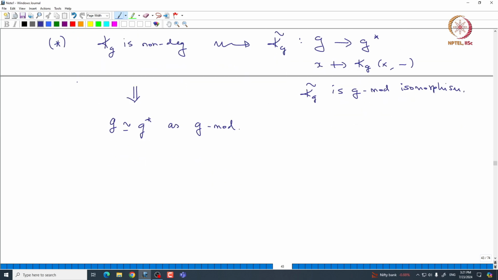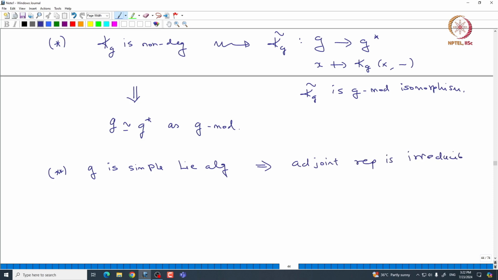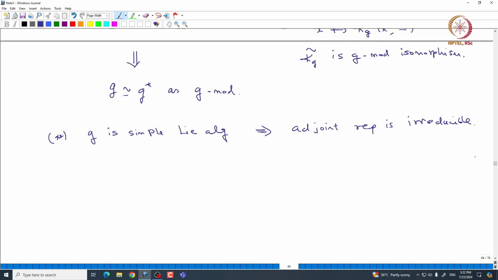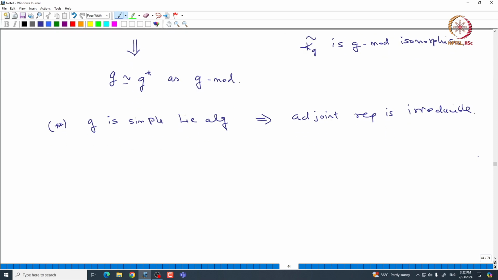Now, if we start with G being a simple Lie algebra, then that implies immediately that the adjoint representation is irreducible. That means G is irreducible as a G module. So, we are talking about the adjoint representation.